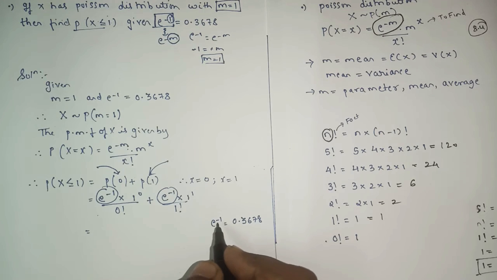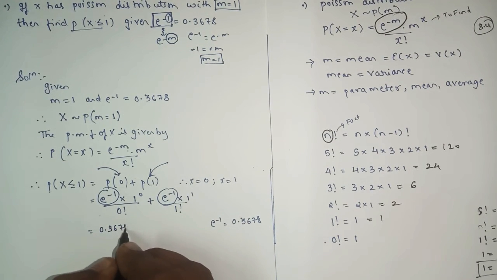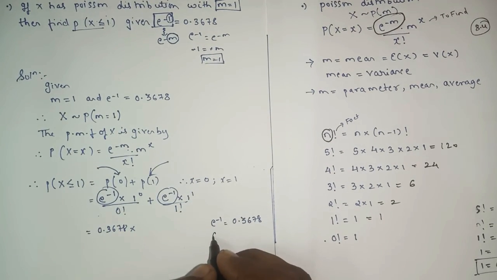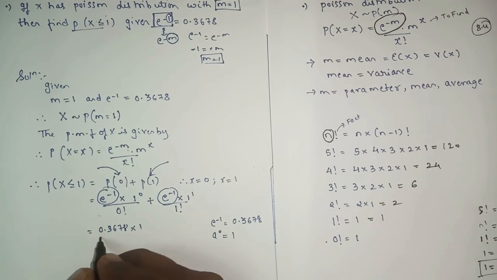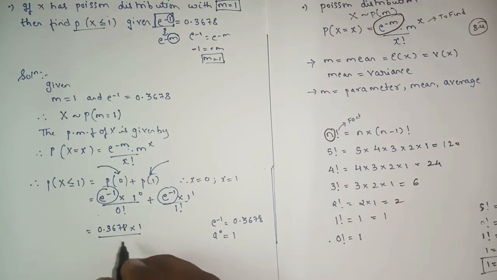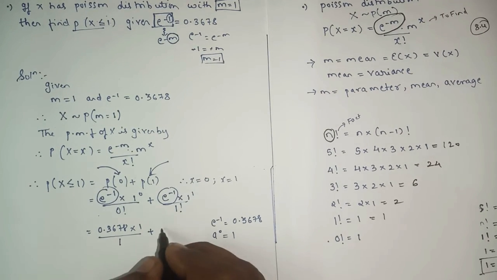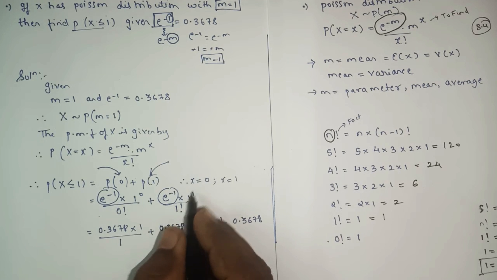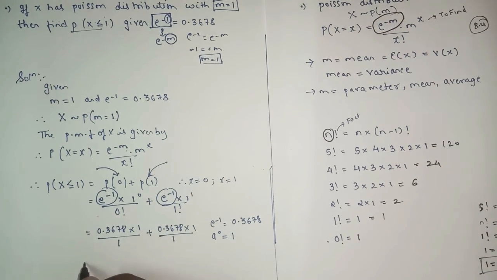So in place of e raised to minus 1, we can write 0.3678 into 1 raised to 0. Using the indices formula, any number raised to 0 is 1, and 0 factorial is 1. Again, e raised to minus 1 we write as 0.3678 into 1 raised to 1, which is 1, and 1 factorial is 1.